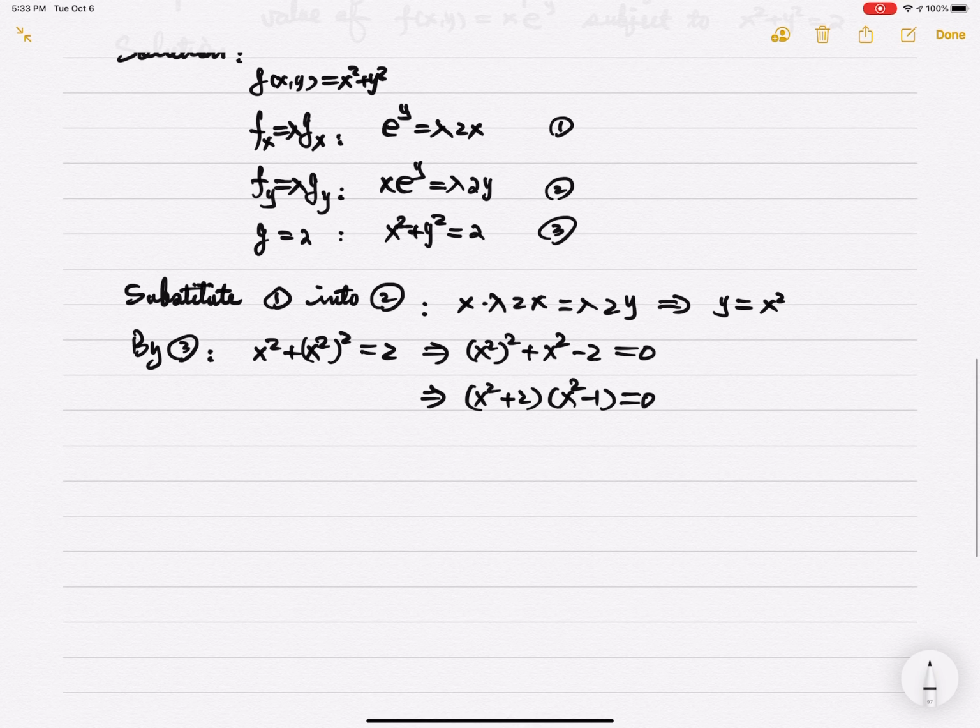Now, x squared plus 2 never equals 0, so that means x squared minus 1 equal to 0, which means x equal to positive or negative 1.